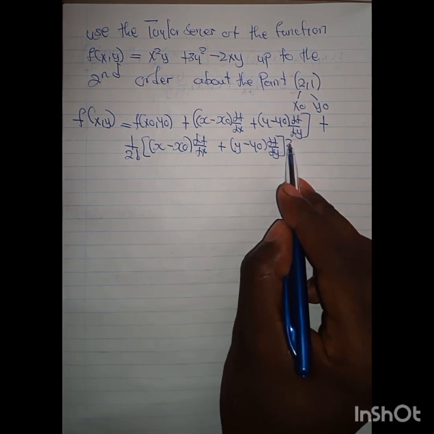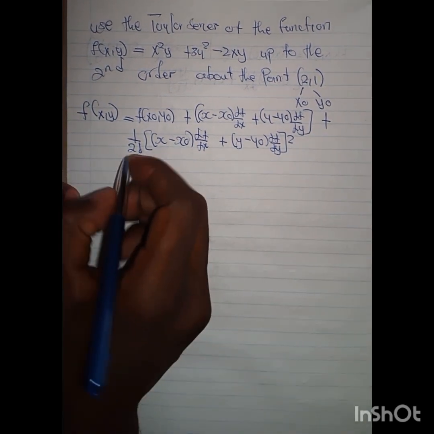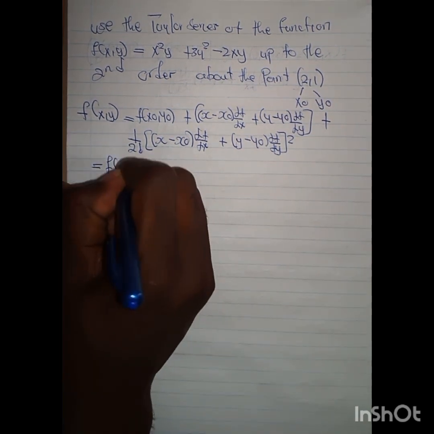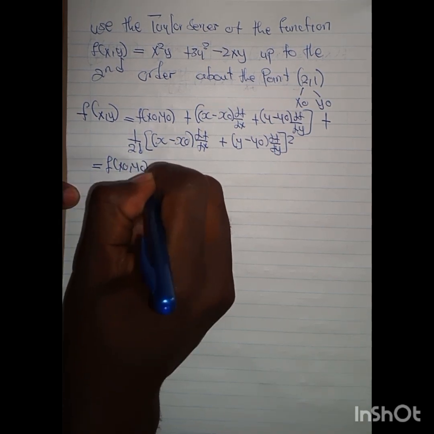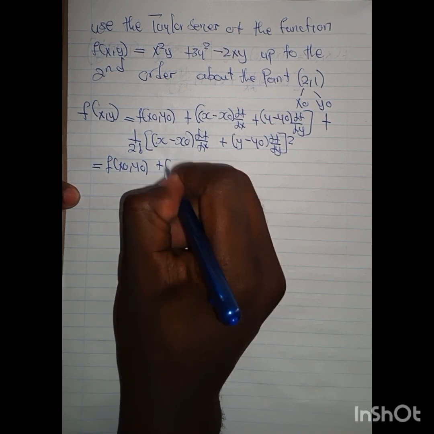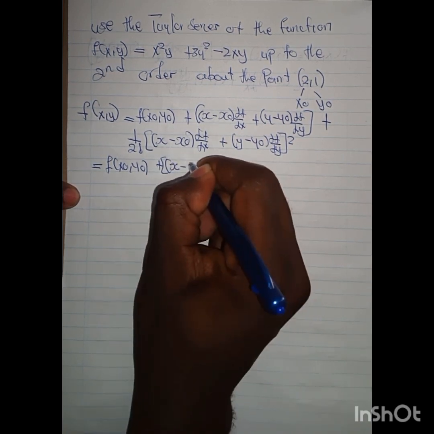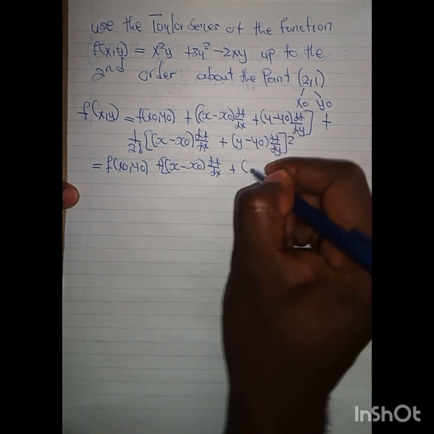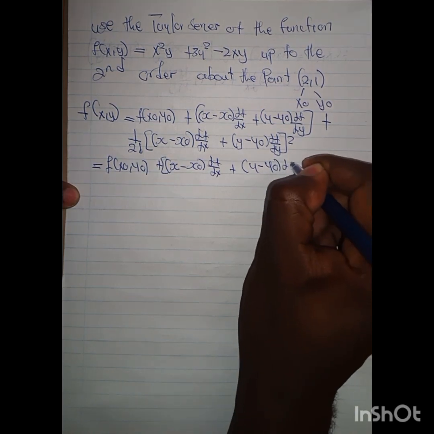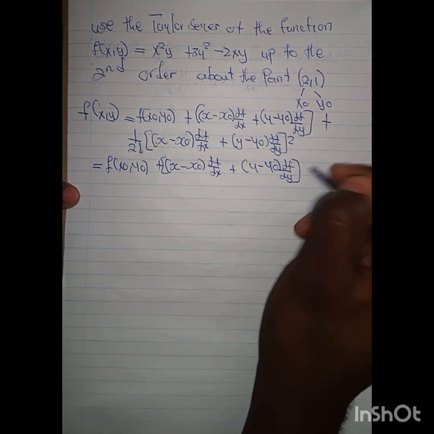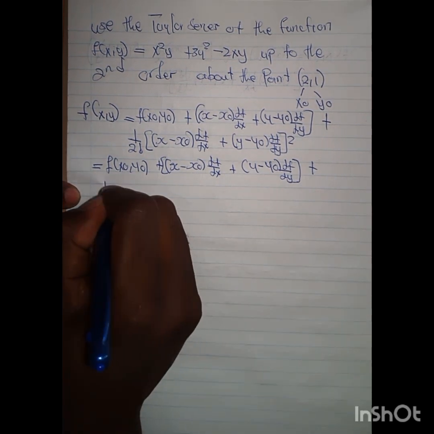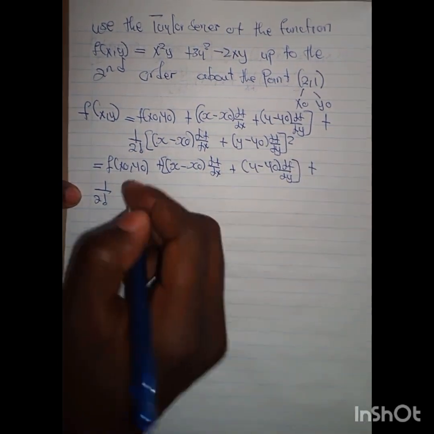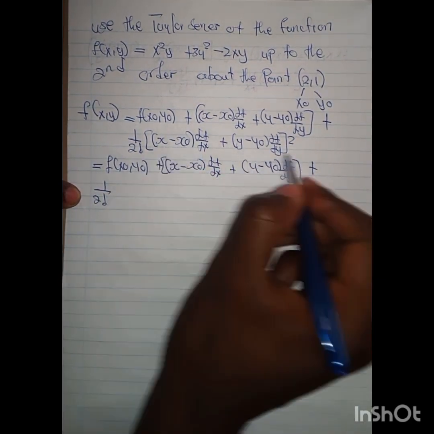Now because of the square, this formula needs to be simplified before we can do some differentiations. So this is f of x naught y naught plus this part, which is already simplified. We have x minus x naught df dx plus y minus y naught df dy, then plus 1 over 2 factorial. Because of the square, we have to remove the square. We multiply this expression by the same expression.